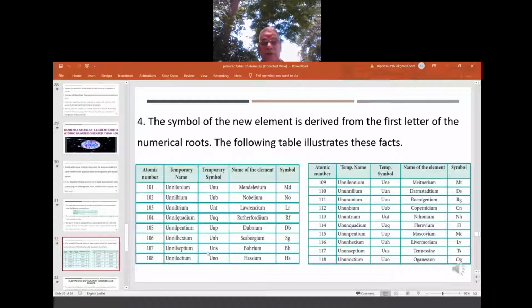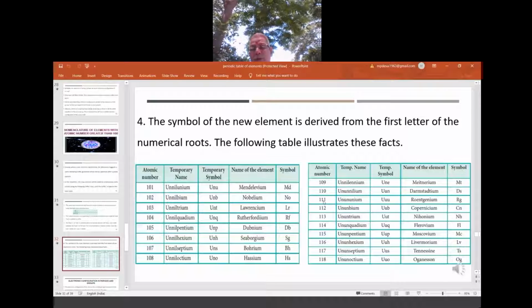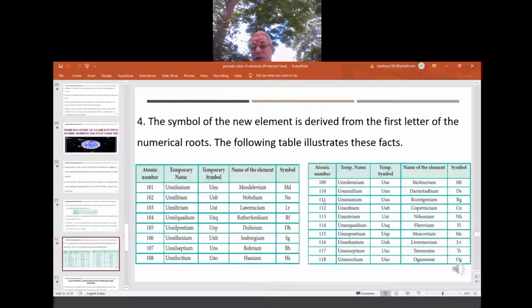In the same way, continue. Now for 110: for 1 un, again one more 1 un, 0 nil. At the end, IUM. So ununnilium. So if you find a small puppy, how to name it using the IUPAC nomenclature, later, not now.